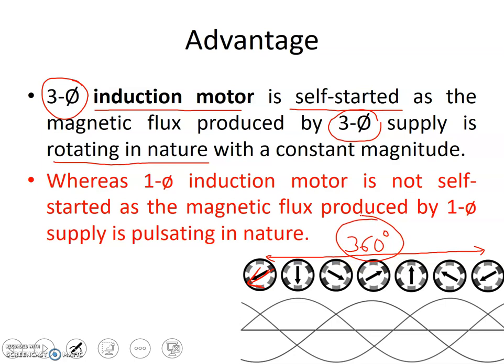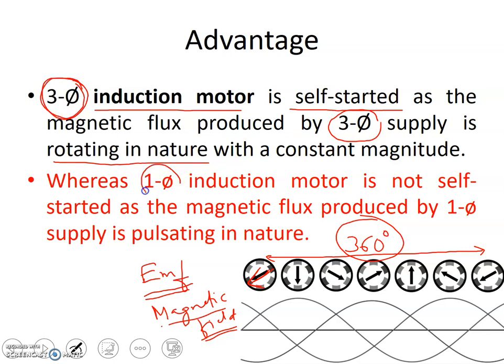When this rotating magnetic field interacts with the rotor windings, it cuts the rotor windings and produces EMF, and these EMFs consequently generate a current in the rotor winding, and the flowing current in the rotor winding, since it is placed in a magnetic field, will experience a torque. So this will help the motor to rotate. That's the principle of operation of a three-phase induction motor.